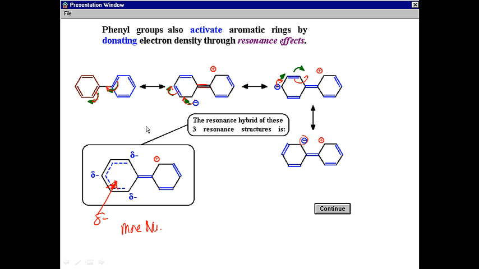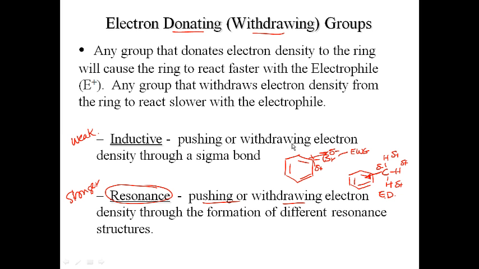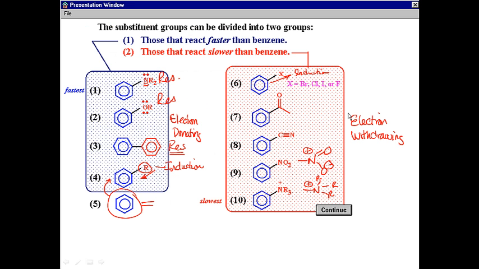All right. What about deactivating? What about pulling electron density out? Halogens pull the electron density out by induction. How does a carbonyl or a C triple bond N or an N double bond O, how do these groups right here withdraw electron density from the ring?